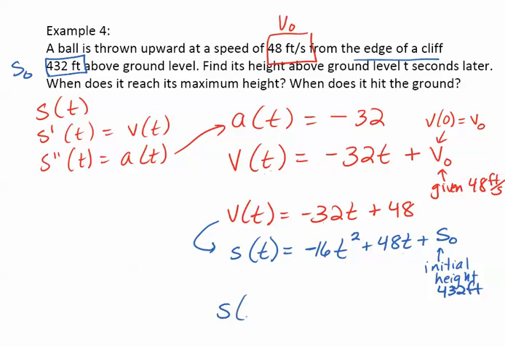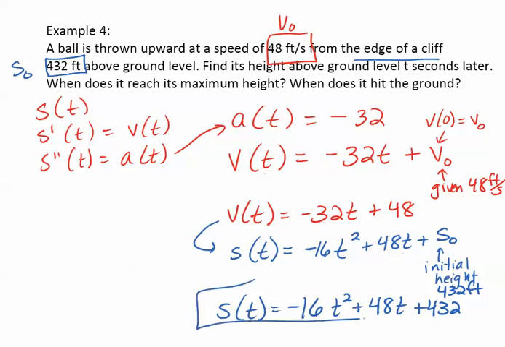So now we know the parabola for any height at any time t. So now we could use that function to answer other questions. And we've got 2 more questions to answer. So this is our math model for the vertical motion problem.